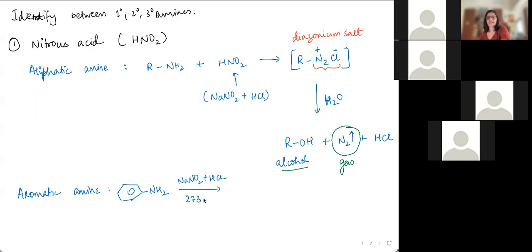Extremely cold conditions, like 0 to 5 degrees Celsius. So if you use aniline, you get benzene diazonium salt, plus NaCl plus H2O. This is benzene diazonium salt.